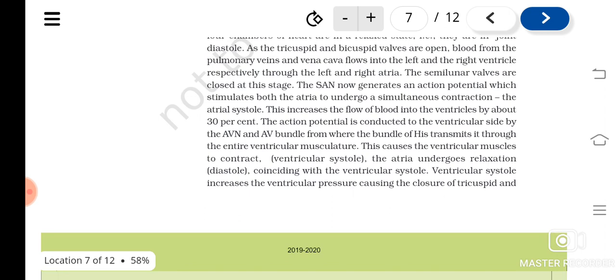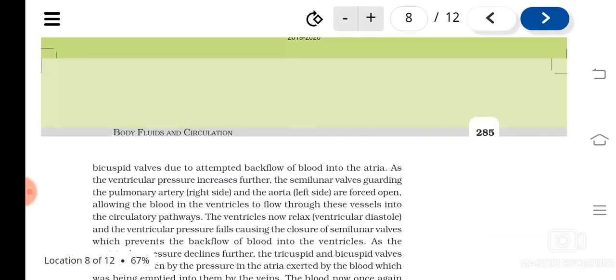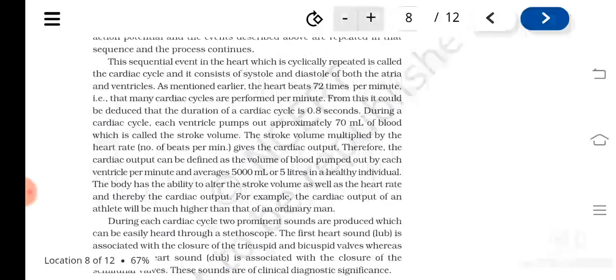Then we learned from where the action potential initiates and how it passes and how it helps in the heartbeat. Then we learned what the stroke volume is, and the time taken by each cardiac cycle, that is 0.8 seconds, and that in a normal average person this cardiac cycle happens around 72 times per minute.